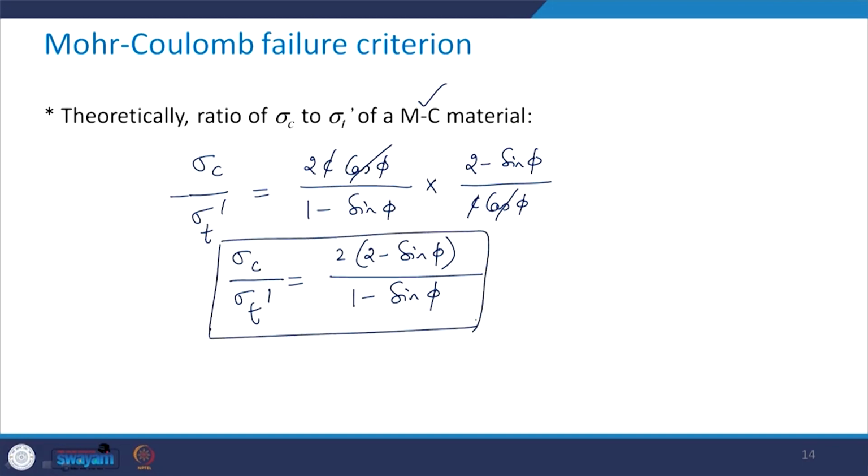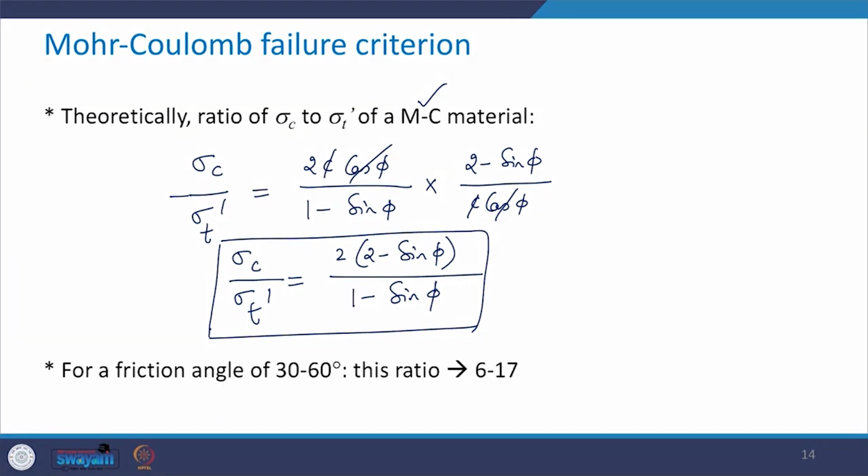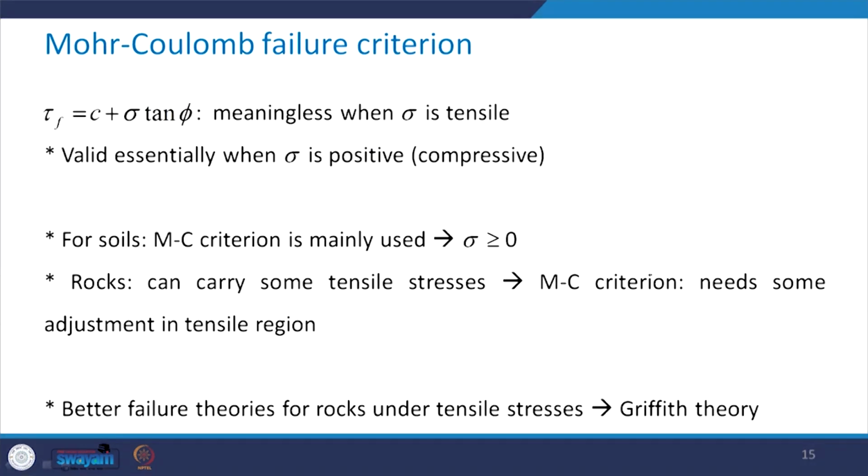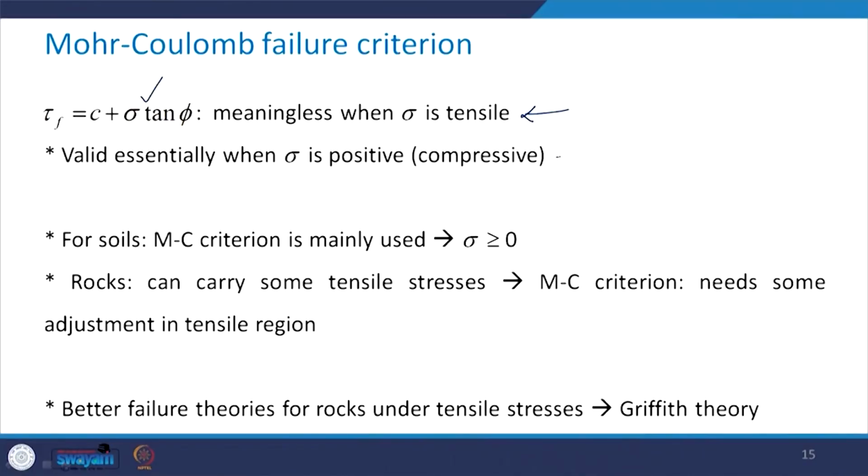for a Mohr-Coulomb material. Now for a friction angle of 30 degrees to 60 degrees, this ratio works out to be 6 to 17. And tau f equal to c plus sigma tan phi is basically meaningless when sigma is tensile. So this is valid essentially when sigma is positive, or compressive in nature.